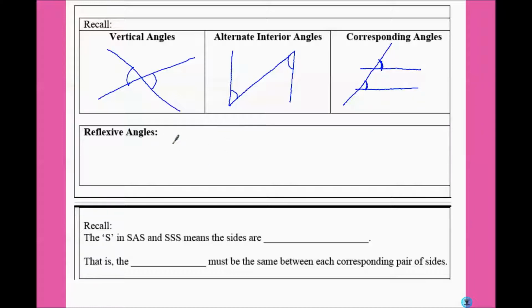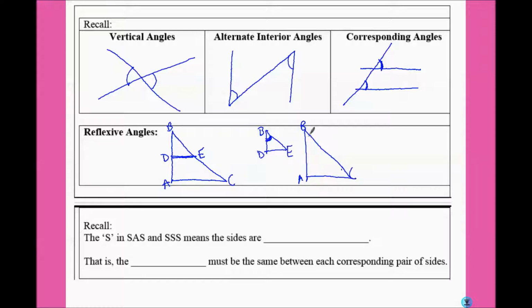Reflexive angles you might not have seen as much when we were doing proofs the first time. Let's say we have a triangle like this, and inside of it we have a triangle like this. So let's say this is A, B, C, and this is D and E. If we separate them into the small triangle BDE and the larger triangle ABC, since these B angles were overlapping, we would know that those two angles are congruent because of the reflexive property.